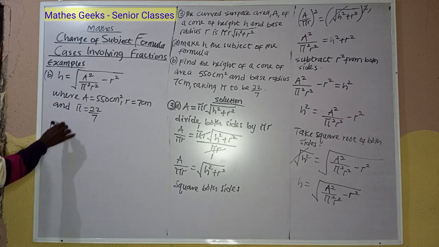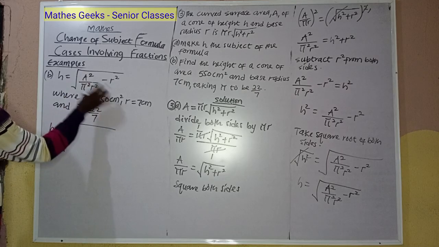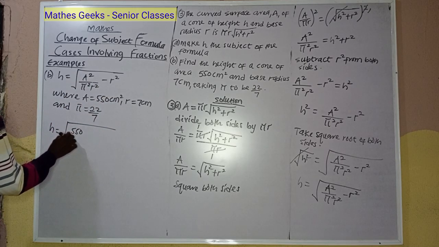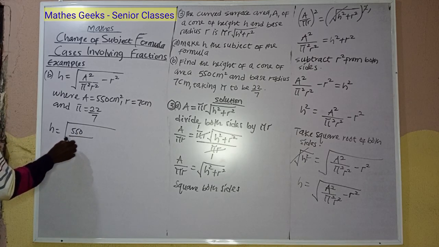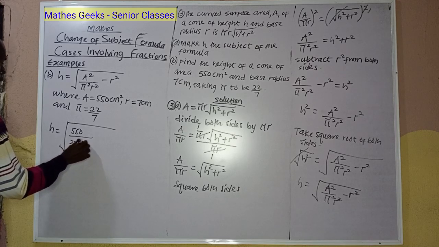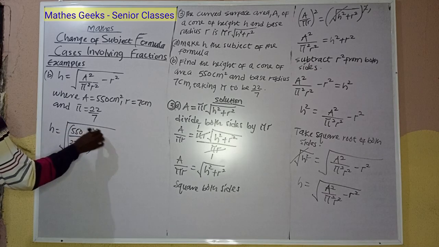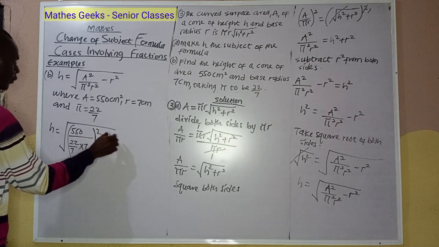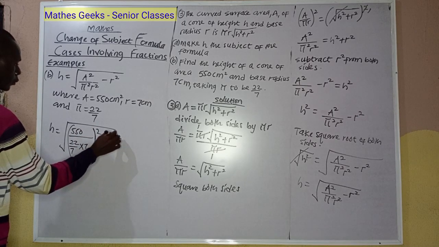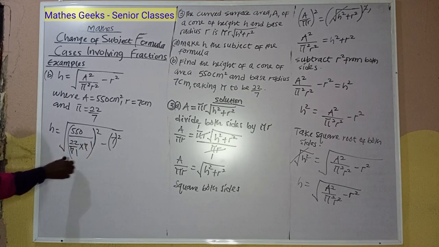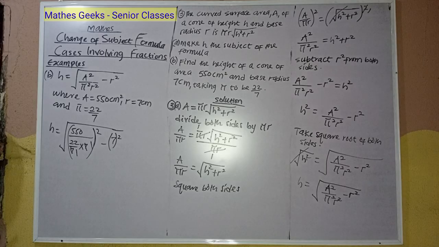Okay, so h is equal to the square root. So a here is 550, and to make it easy, pi is 22 over 7 times r, which is 7, all squared, then minus 7 squared. So 7 here cancels 7 here, so 550 divided by 22 is 25.